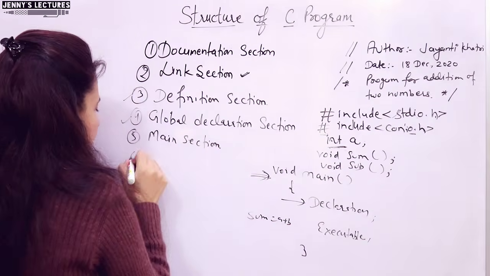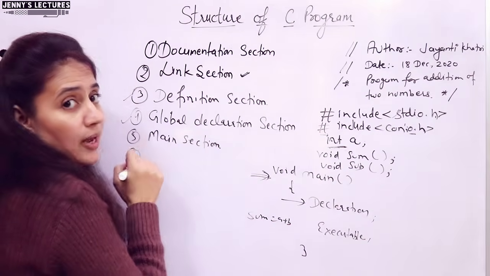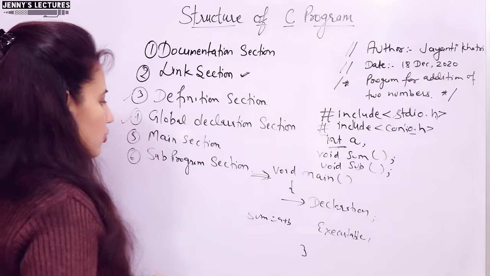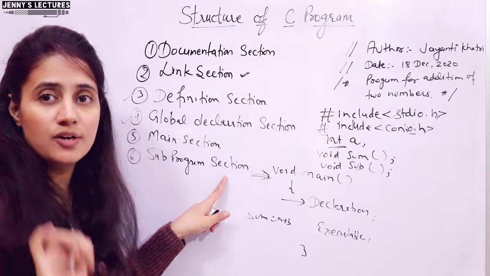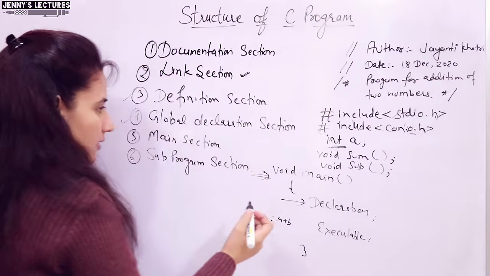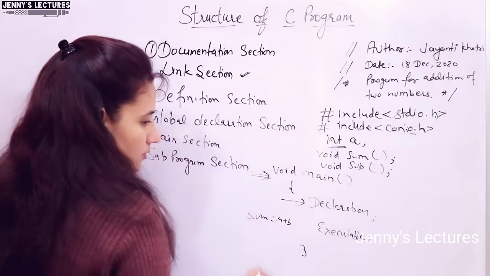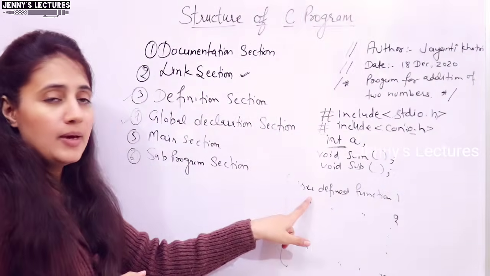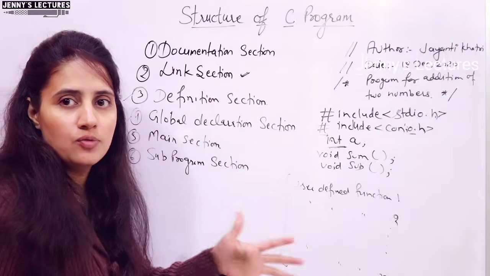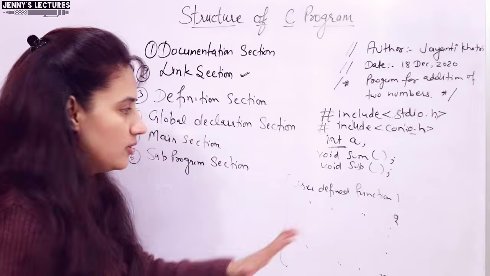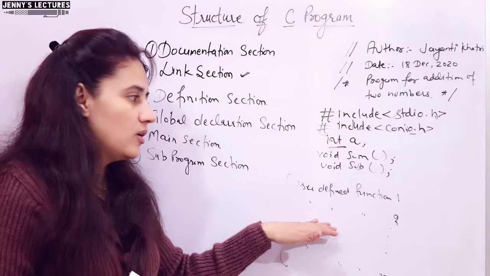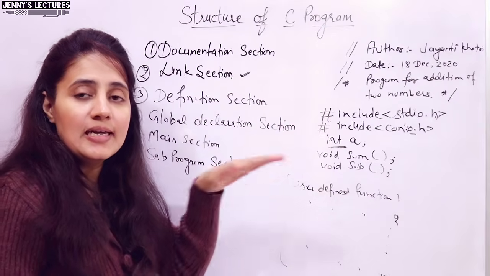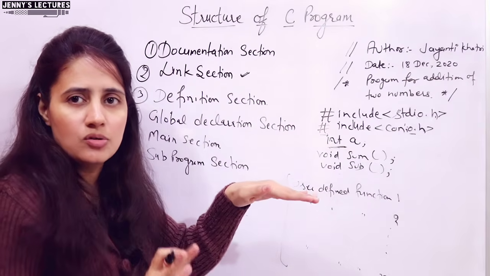So next we have the subprogram section. In this section you will include all the user defined functions, like after main you can write them down. So here we can have many user defined functions, 1 2 3 4 up to n, and generally all the user defined functions come immediately after the main function, but that is not compulsory.